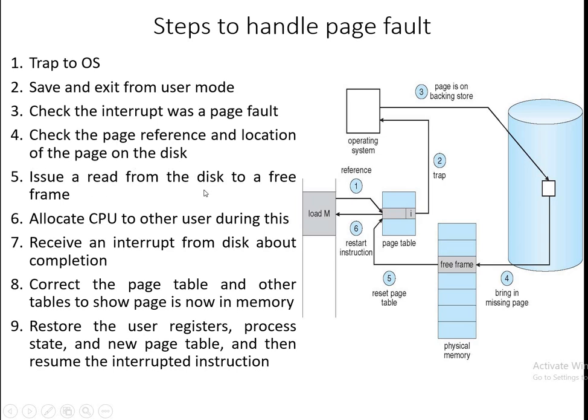Then it issues a read from the disk to a free frame. It will issue the read control signal to the disk, and once the disk receives the read signal, it will send the required data to the free frame within the physical memory, or primary memory.